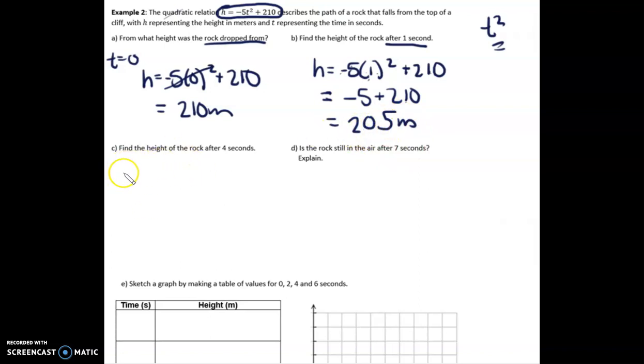Now, find the height of the rock after 4 seconds. Same idea. Okay, so this time we're subbing in the 4. So we're going to go -5 times 4 times 4 plus 210. Okay, and if you put this entire expression into our calculators, we're going to get 130 meters.